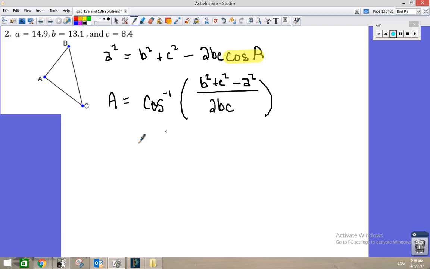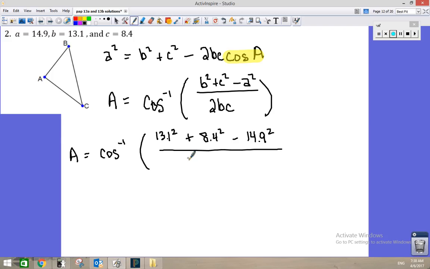Alright, now let's plug in our known values. Length of B, 13.1. Length of C, 8.4. Length of A, 14.9. Alright.